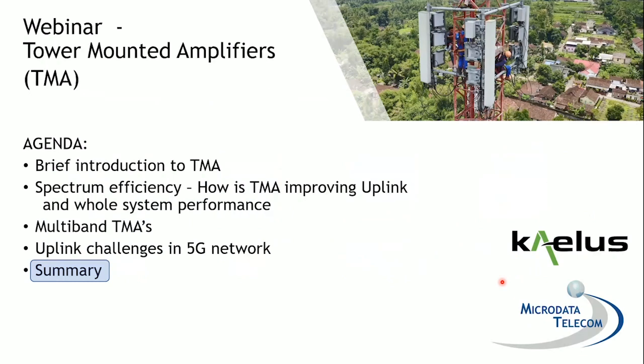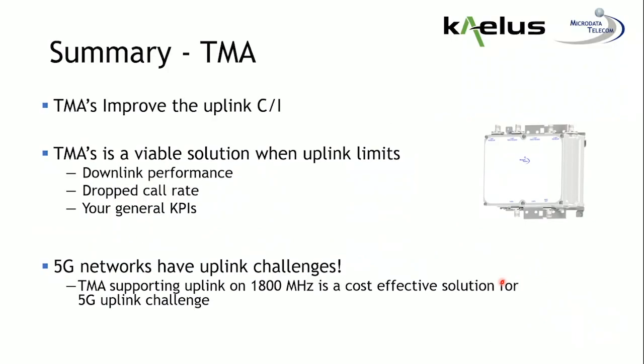So, as a summary, TMAs always improve the uplink C over I. There are basically no negative side effects from a TMA. If you apply a TMA in a sector that is completely interference limited, the TMA will still not provide any negatives.